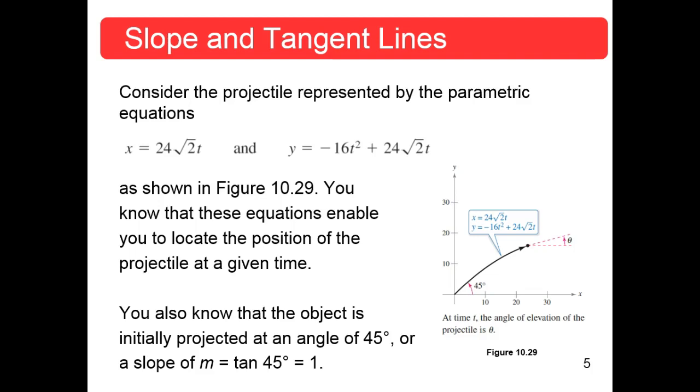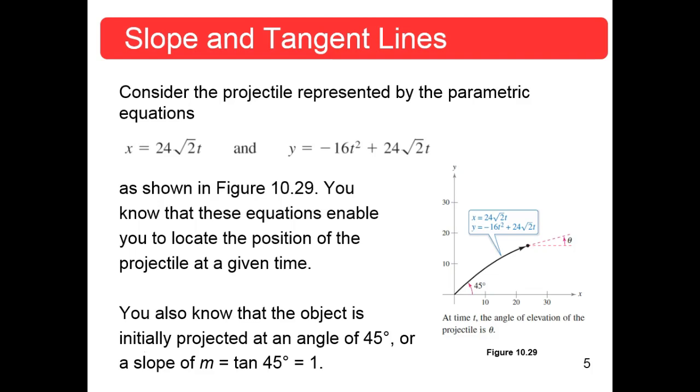I'm having a little bit of problem with that because the way they're stating that, that's always 1, and it's not. Okay, it's 1 right here at t equals 0. But you can't say that's true of every value. Oh, it says initially projected.